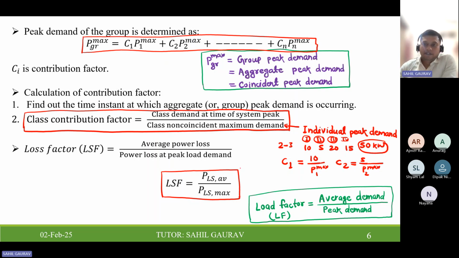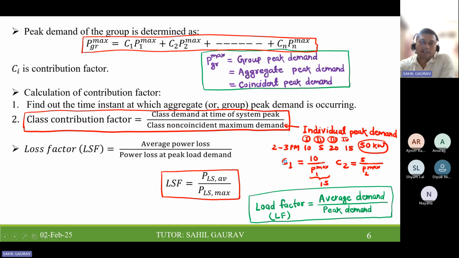So it will be different, based on this time duration of 2 to 3 p.m. It may happen. This P1 max may be like 15 or 20, anything, and P2 max may be different.